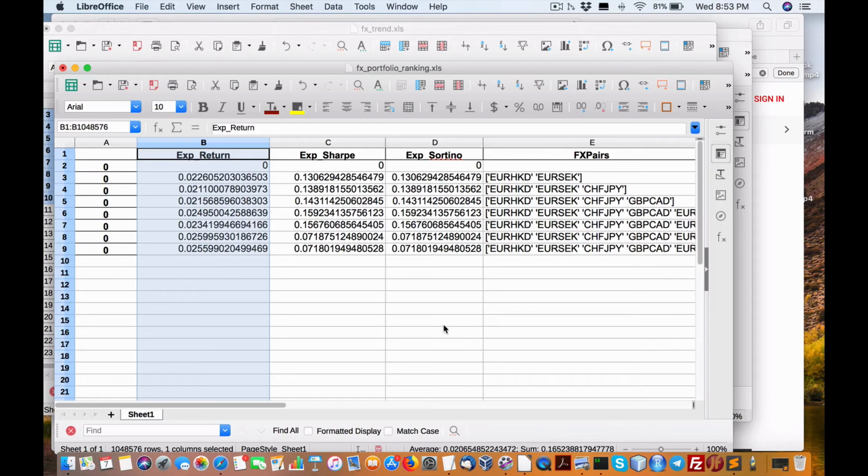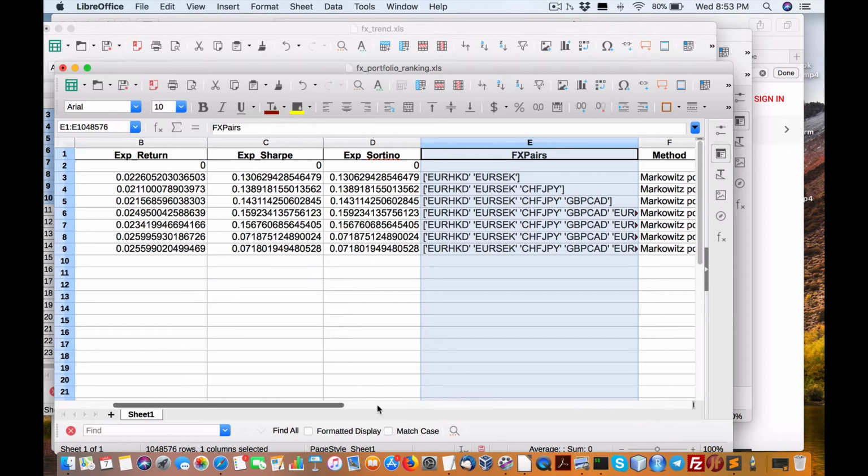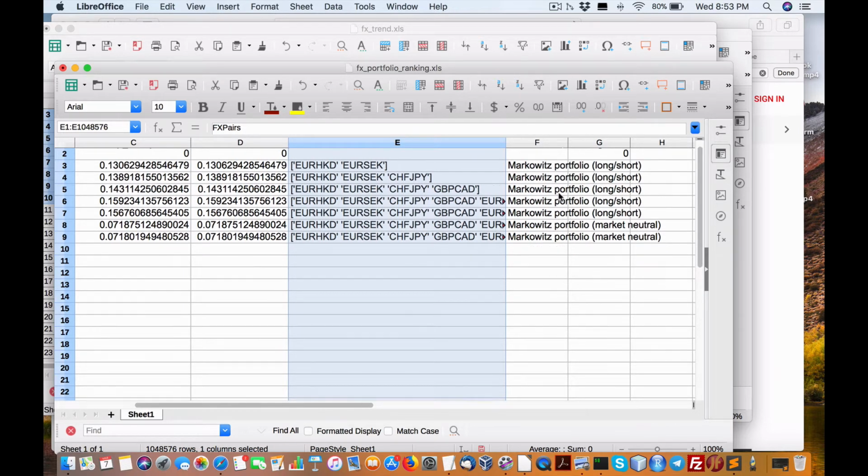Anyways, but essentially what happens is we can calculate based upon those daily moves, those daily returns, all 500, what we can expect our expected return will be, our expected Sharpe ratio, Sortino, which currency pairs we should use, on top of, if we were to allocate capital, which portfolio strategy type should we use?